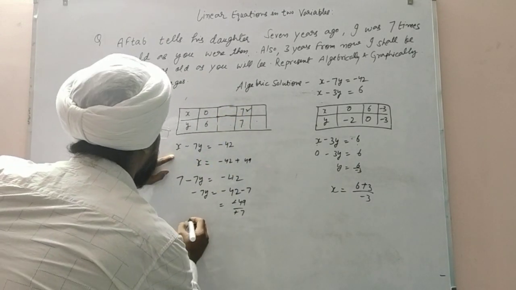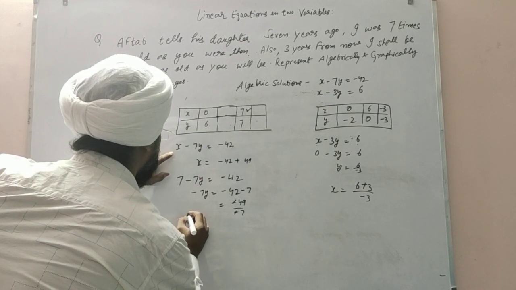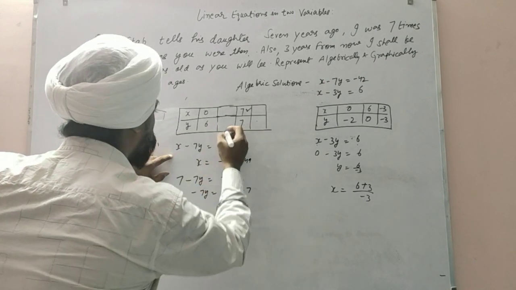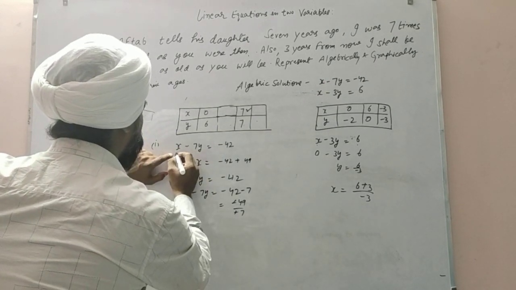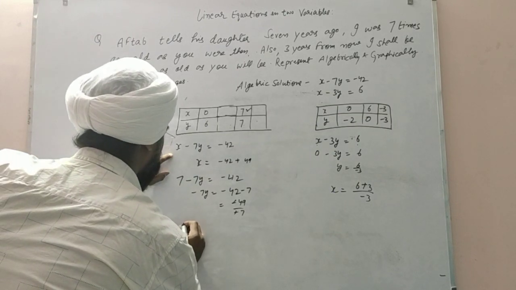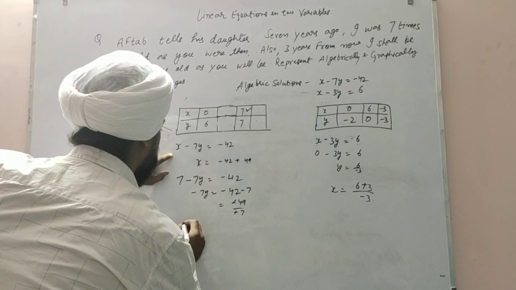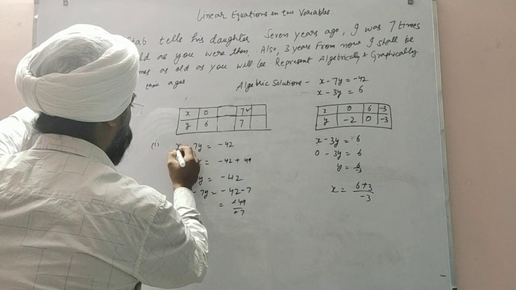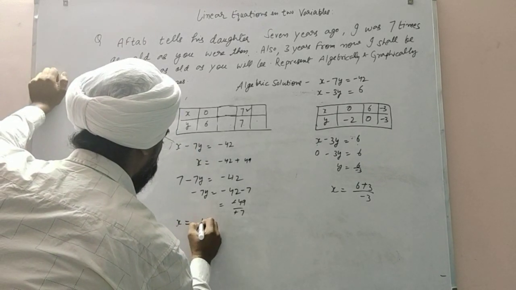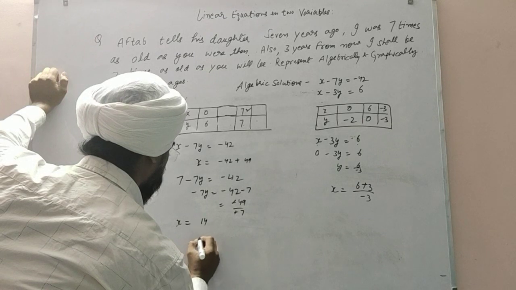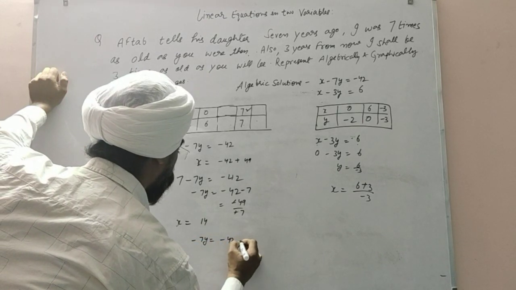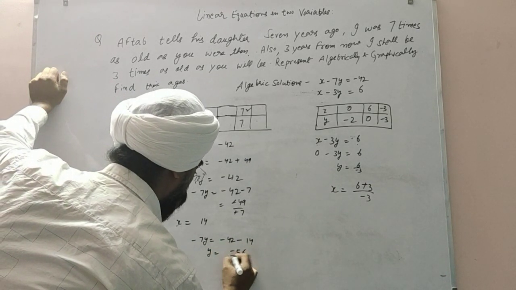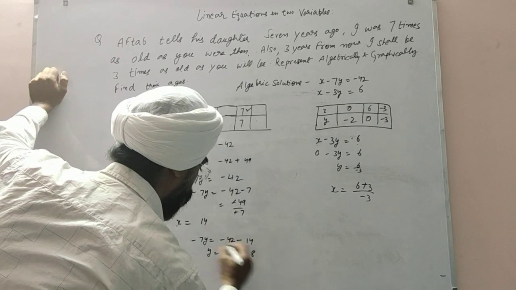If we take x as 14, minus 7y will become minus 42 minus 14, y will become minus 56 by minus 7, which gives you y equal to 8.